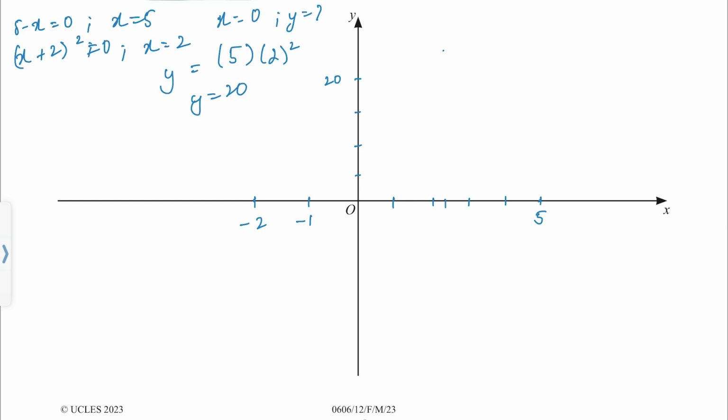So we know what our curve will look like now. There are 2 turning points. One turning point is here and one turning point is here. So we know that this will go like this, and then like this.